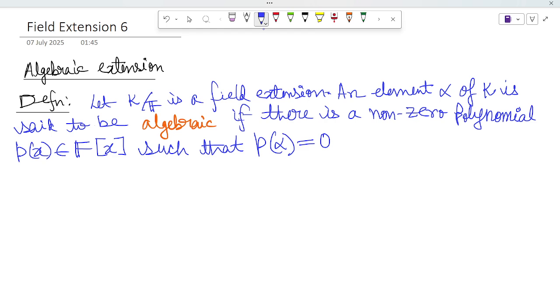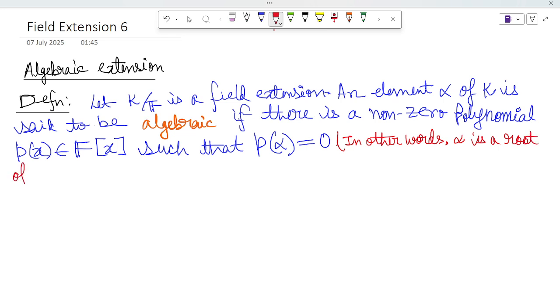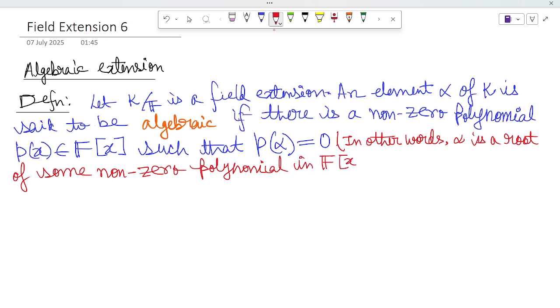Okay, in other words, alpha satisfies, or alpha is a root of some non-zero polynomial in F[x]. Okay, so it is clear.